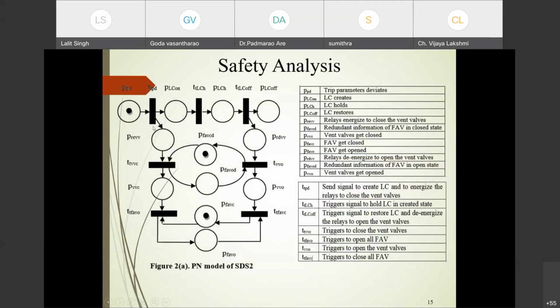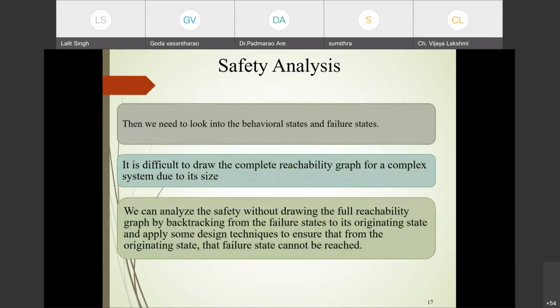So once it fires, the token from PPD will be moved to PLC on and PREV, one token each. Why one token each? Because the weight of the output arc is 1, so one token will be placed in each of these output places.